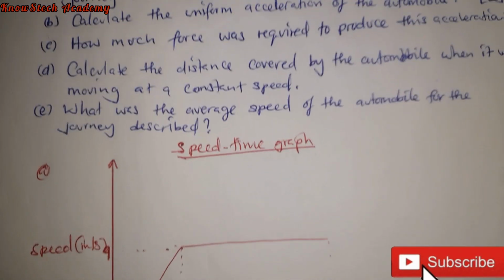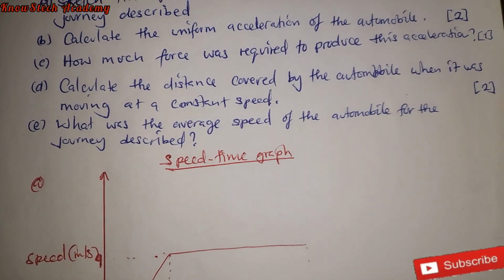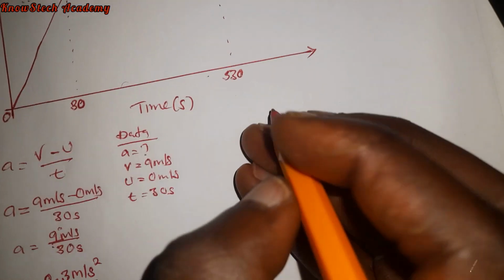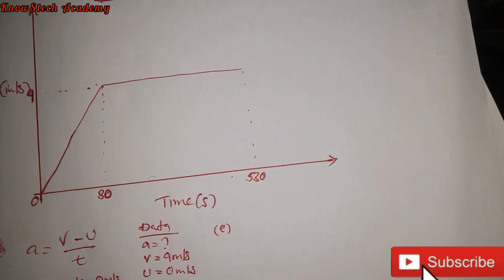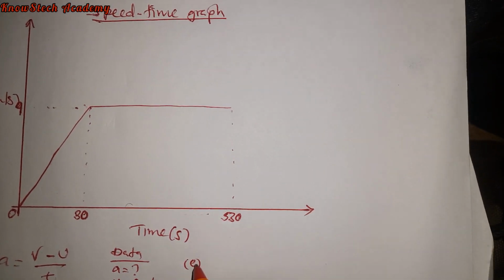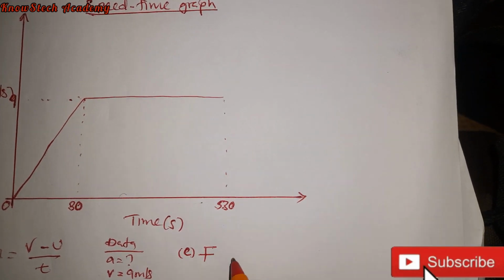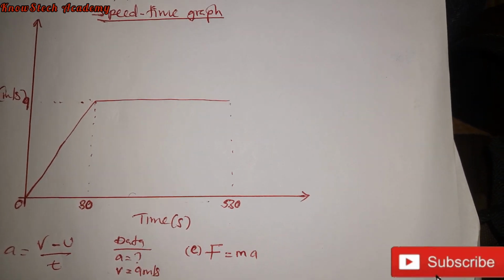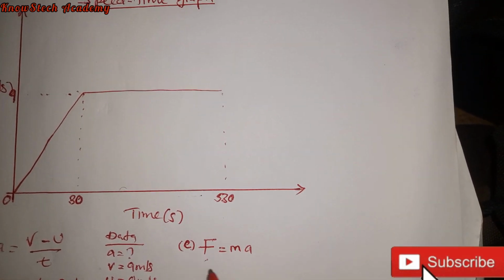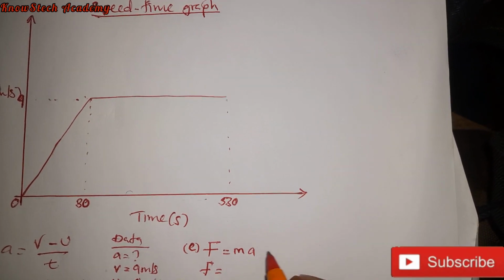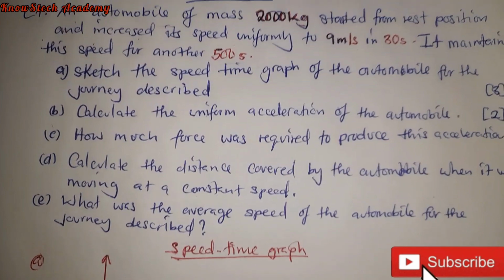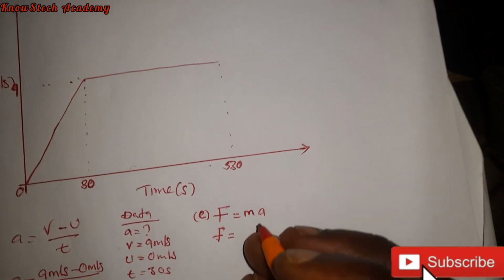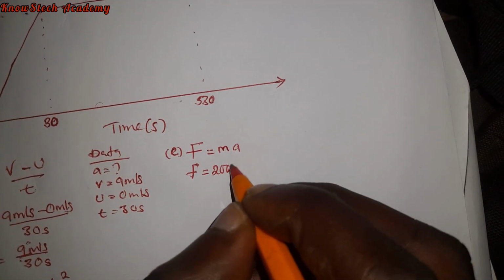The next question is: how much force was required to produce this acceleration? So this is question C. Force is equal to mass times acceleration. Remember, in the first statement we are given the mass as 2000 kg, so we substitute 2000 kg.